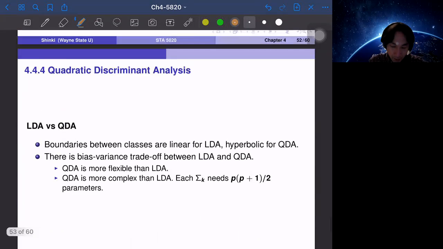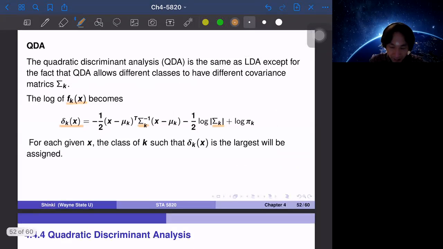So you can easily imagine that this term, the x squared term, does not cancel. So x times this term does not cancel. So the decision boundary becomes quadratic. That is in some way more flexible, and in some way less stable.